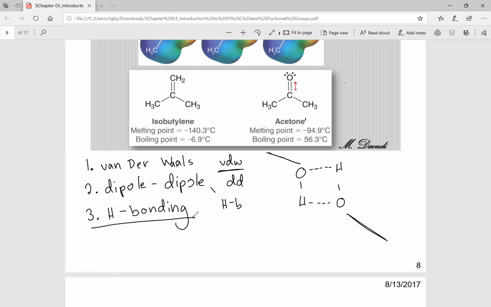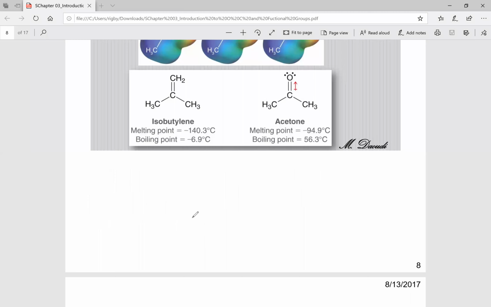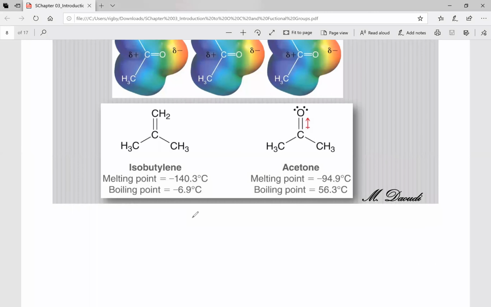Okay? So now why are we talking about these intermolecular forces? Well, if we go back to comparing isobutylene and acetone, isobutylene only has van der Waals, whereas acetone has van der Waals and dipole-dipole. So acetone is going to experience higher levels of intermolecular bonding, and thus it will have a higher melting point and a higher boiling point.